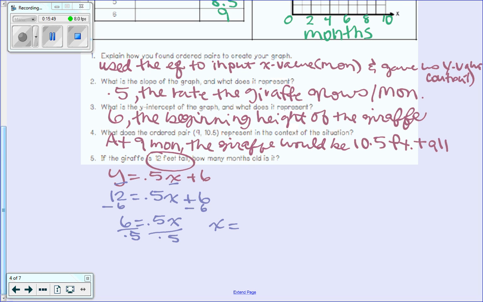X equals 6 divided by 0.5 is 12 what? Good. X represents months. So the giraffe at 12 months old will probably be what? 12? Are we good? All right.